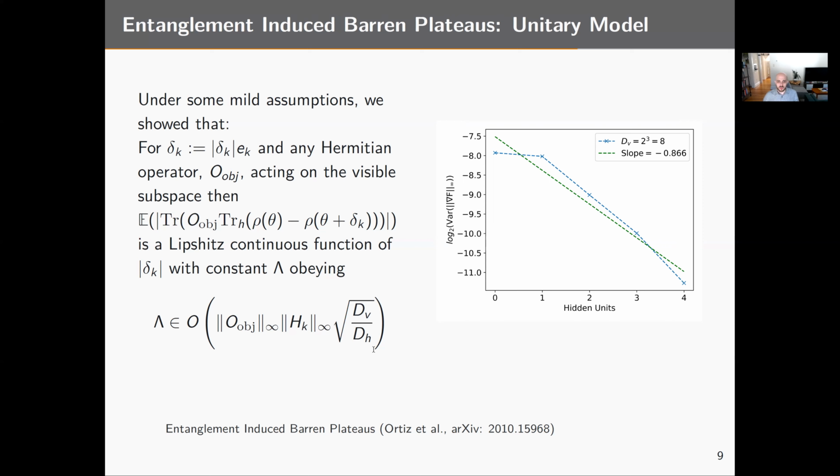So we attempted to look at small-scale numerical experiments for other types of objective functions.